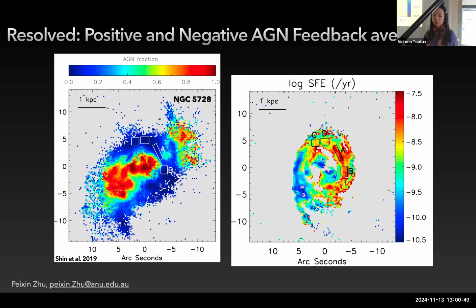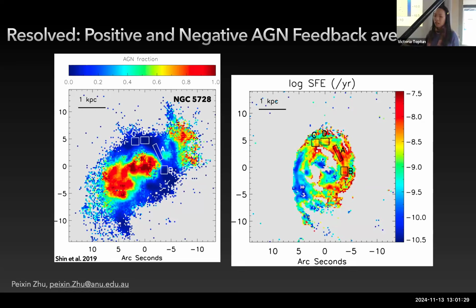On the left is the distribution of the AGN fractions, where the redder and yellower regions mean higher AGN fractions and lower star formation fractions, and the bluer regions have the highest star formation fractions and lower AGN fractions. On the right is the map of star formation efficiencies, where the redder and yellower parts have higher star formation efficiency, meaning that a higher fraction of the molecular gas is converted into forming stars.